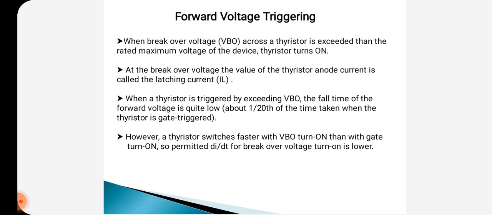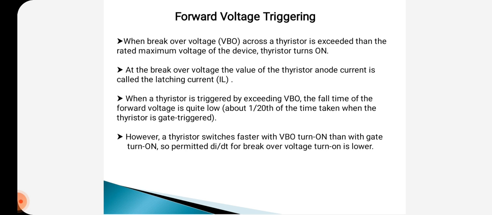Forward voltage triggering. What is forward voltage triggering? It is one of the commonly used SCR turn-on methods, by increasing the forward anode to cathode voltage. By doing this, the depletion layer width at junction J2 also increases.